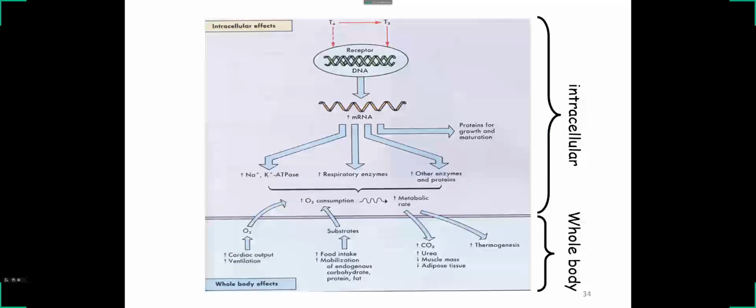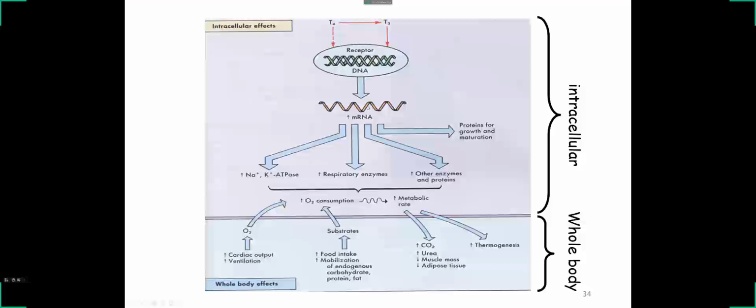Again, just a reminder, a sort of an overview of all the different ways that this happens. So we've got our circulating T4 converted to T3, binding to our, in majority, dimer with the RXR and our thyroid hormone receptor. This binds to DNA and drives transcription.